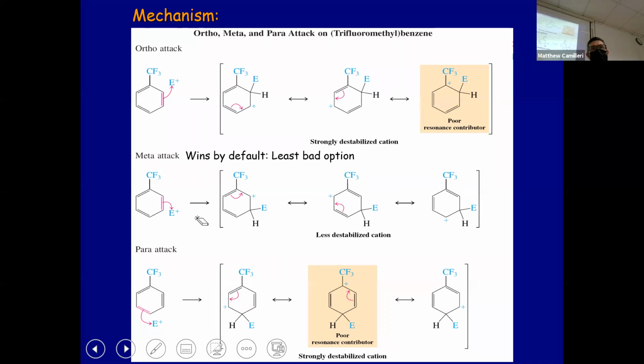So if it's going to push electrons, this positive charge is going to be bigger now. And there, sorry, it's pulling electrons, not pushing. It's pulling electrons towards it. But I always call it push. But now, if it's bigger, it's less stable. If it's less stable, it will not react in that position.